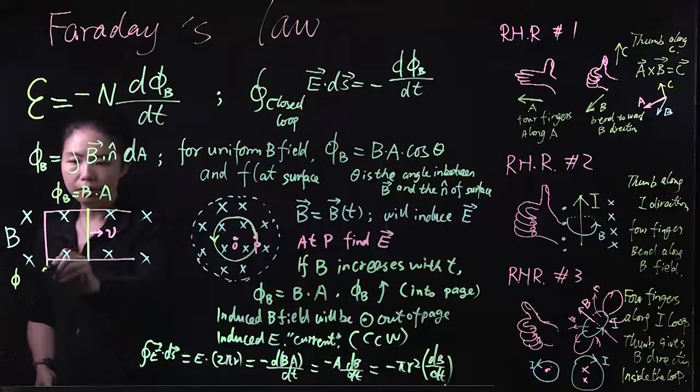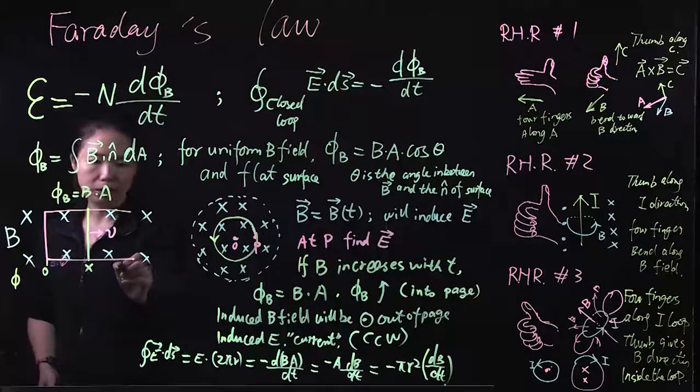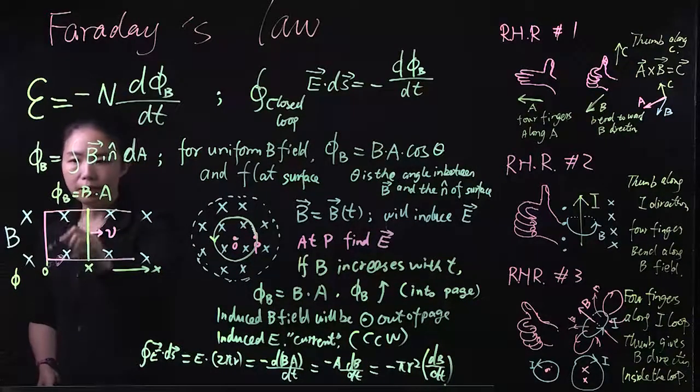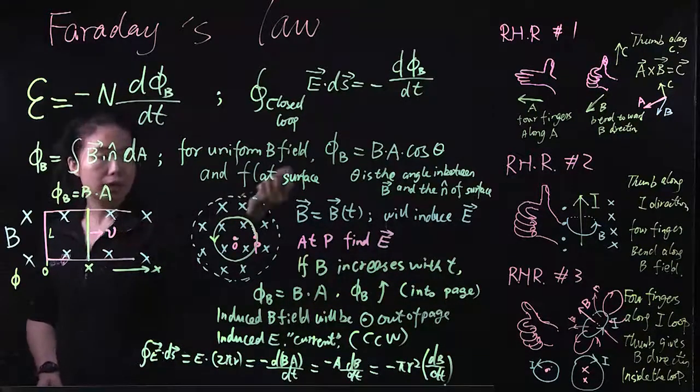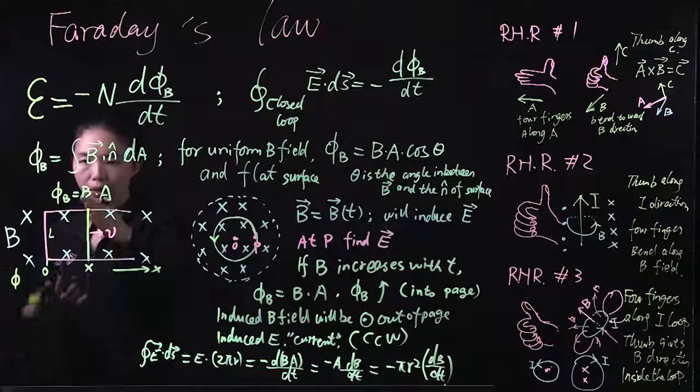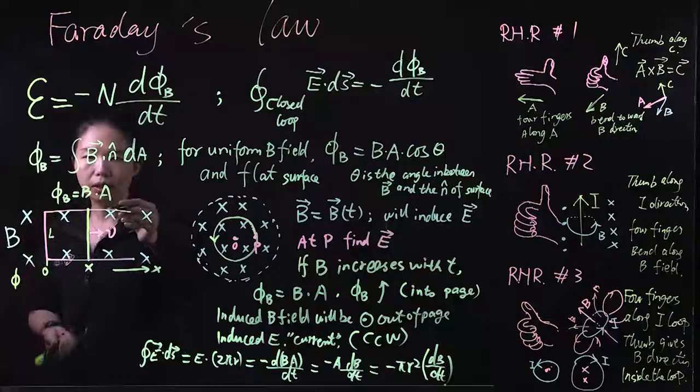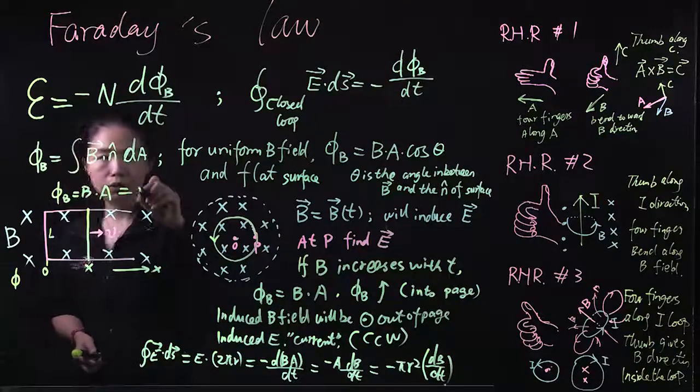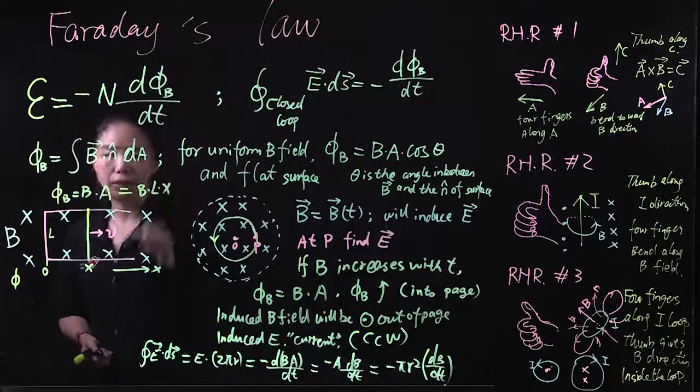If this is 0, this is location x, and that's moving toward the x direction, and this length is L, so it's B multiplied by area, and the cosine of 0 degrees gives you 1, the total flux, without any extra angle, and that's equal to B times L times x.